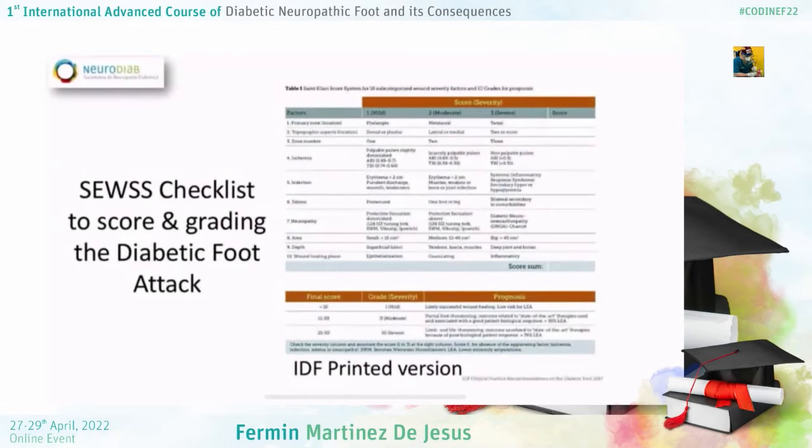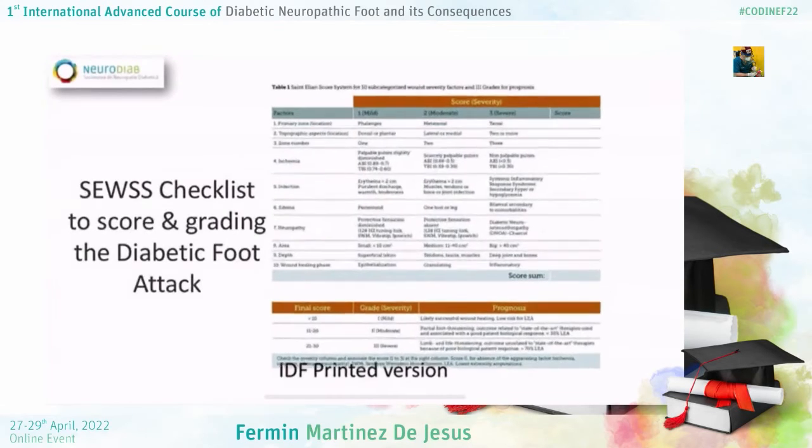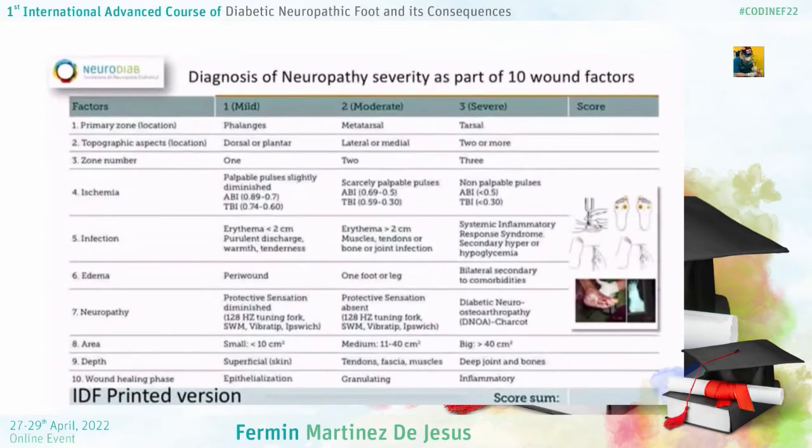This is the IDF printed version of our system, the checklist to score a graded diabetic foot attack. And we announce here the diagnosis of neuropathy severity as part of the 10 wound factors. So neuropathy is mild according to the diminution of protective sensation with the tuning fork, the Semmes-Weinstein monofilament, or the Ipswich test.